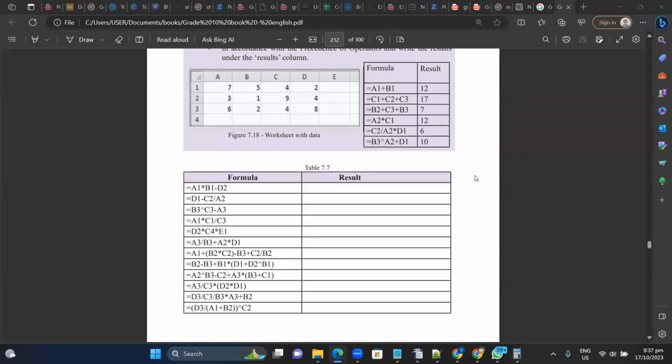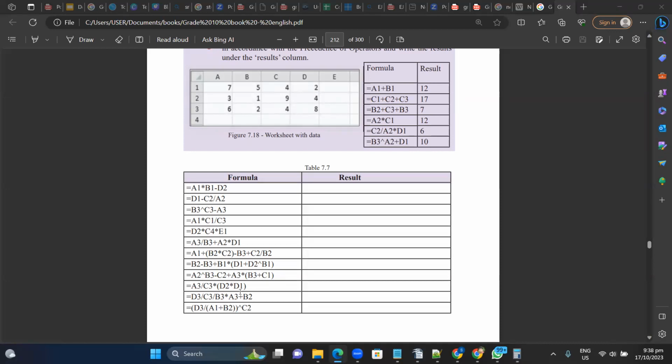Plus 36 is the answer, because 9 minus 9 is 0, then after that plus 36. The minus will go. Next is D2 D1.